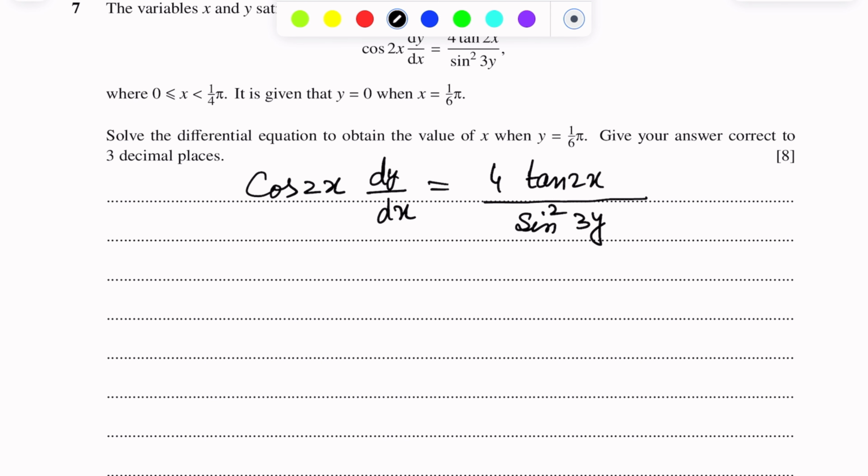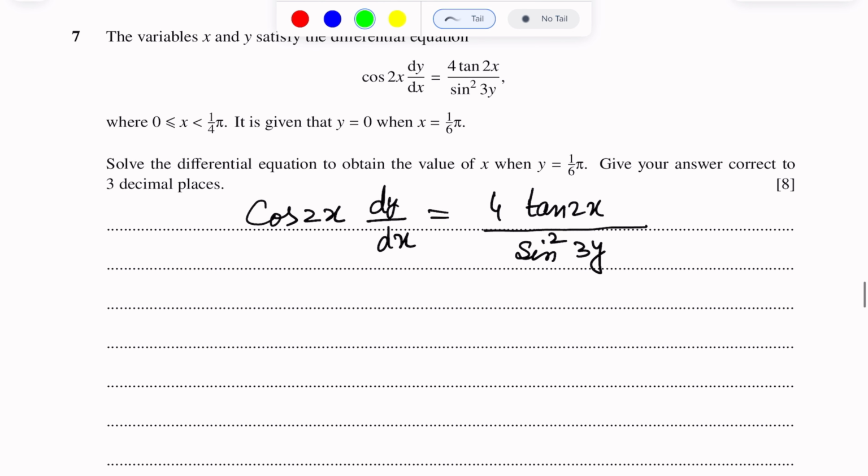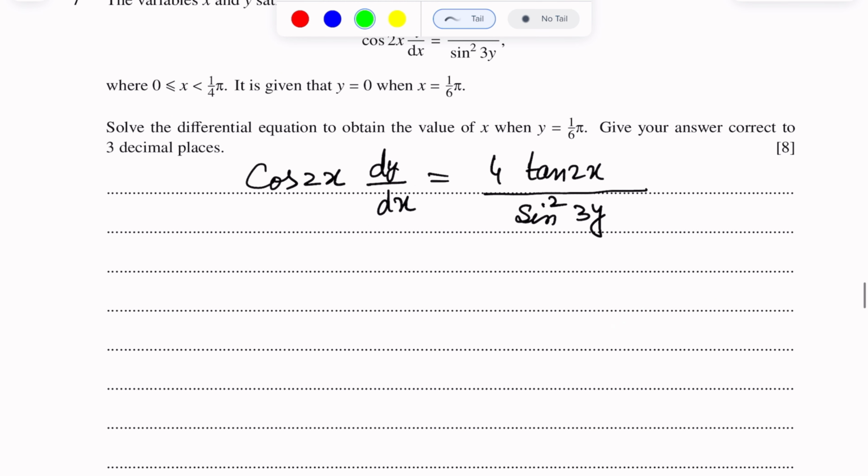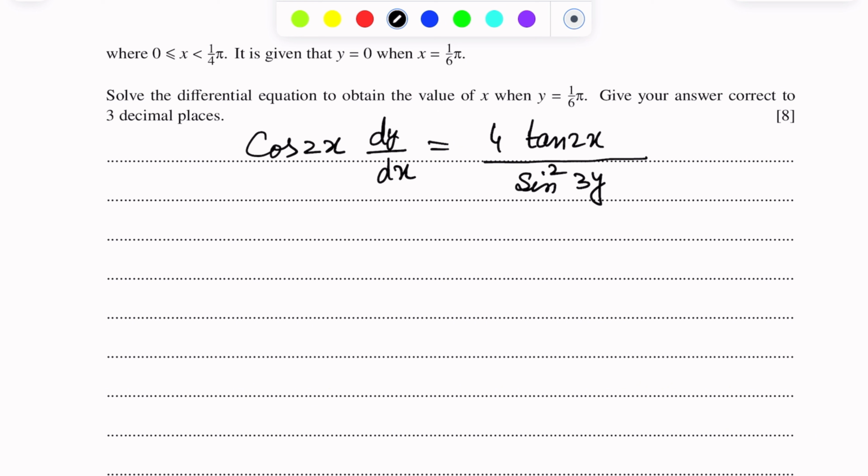First of all, we will separate the variables. Variables are x and y. We attach the x terms with dx and y terms with dy. By cross multiplying, we can write this differential equation in this form.